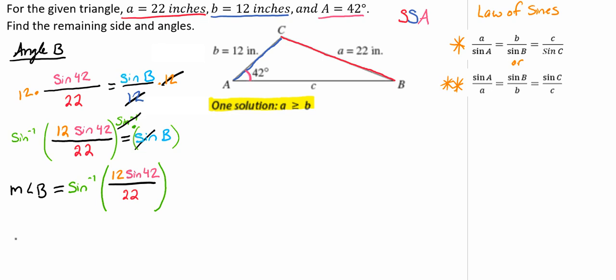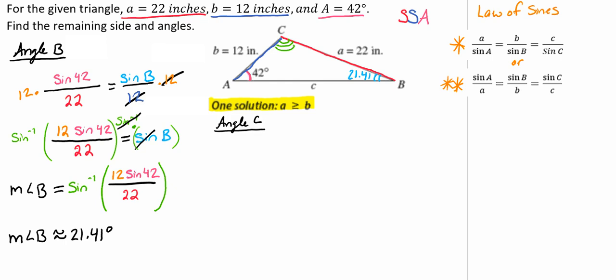So if we plug that into our calculator, that's going to give us that the measure of angle B is approximately 21.41 degrees, which is great because if we know two angles of a triangle, then technically we also know the third angle, because that third angle is whatever our first angle and our second angle add up to, subtracted from 180.